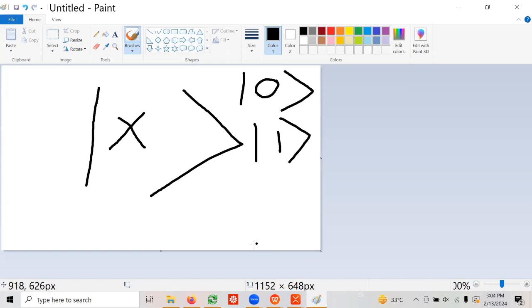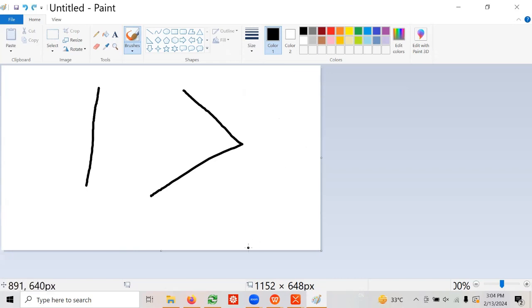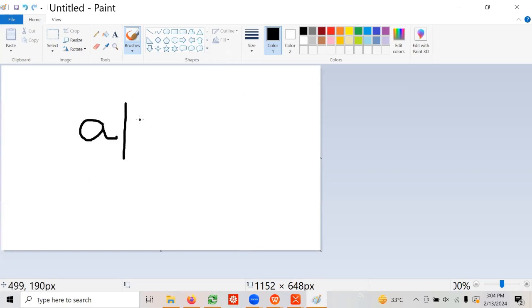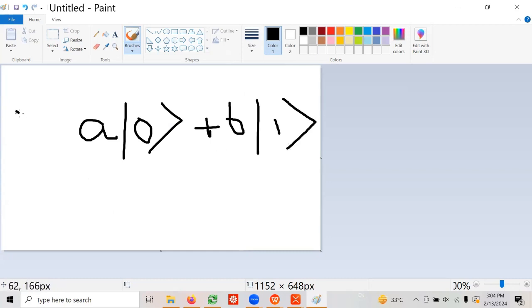Okay, so what's the wave function? The wave function is equal to A|0> plus B|1>. This is the wave function. Just remember what this picture looks like.